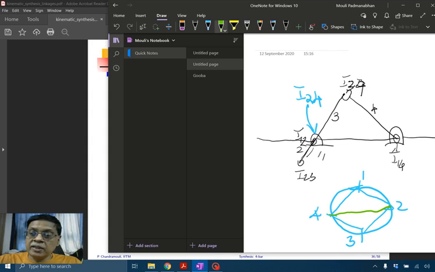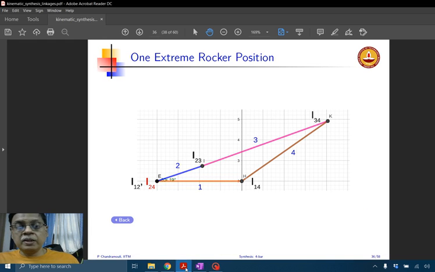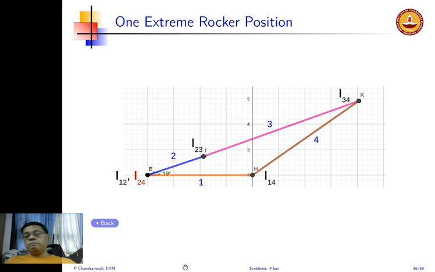So to locate 2, 4, I need to look at the 2, 3, 3, 4 line and the 1, 2, 1, 4 line. The intersection of these will give me the location. So if I take 2, 3, 3, 4 and extend that line, it intersects the 1, 2, 1, 4 line at I24, which is marked in red here.